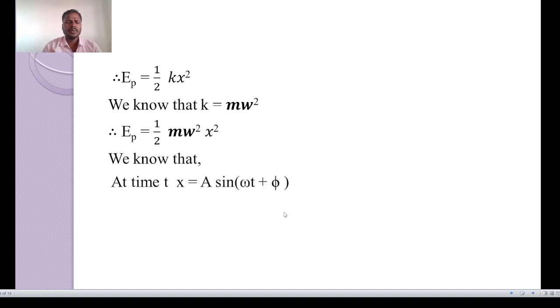At any instant, we know that x is equal to a sine omega t plus phi. Therefore, potential energy is equal to 1 by 2 kx square. Putting the value of x, we can write 1 by 2 m omega square a square sine square omega t plus phi.